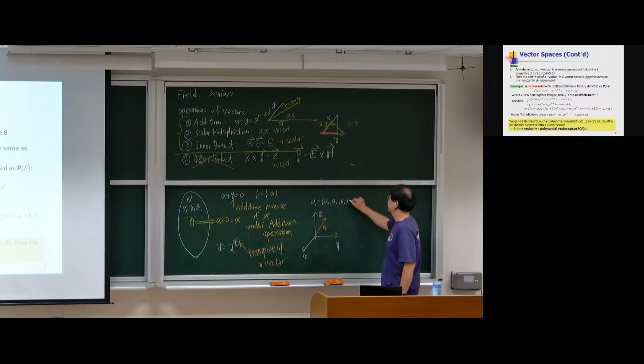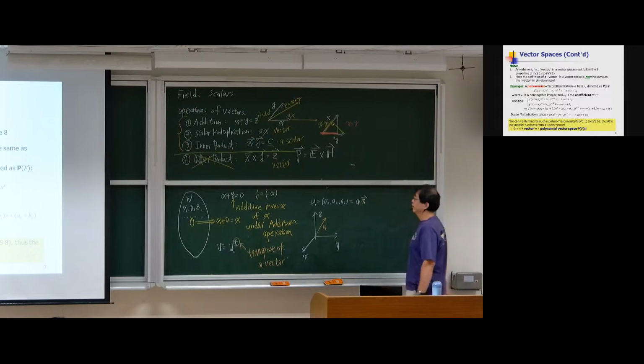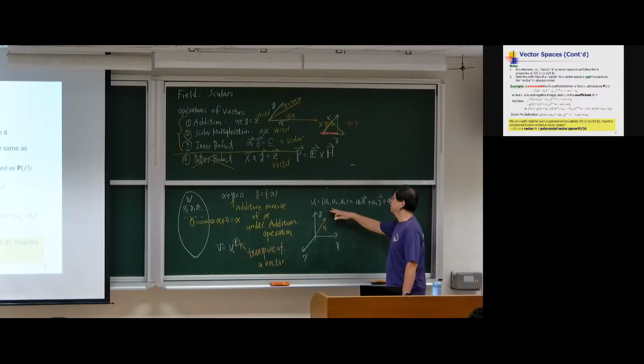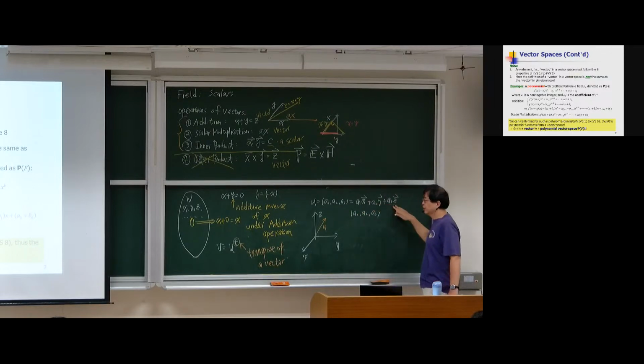From our high school math, we can write A1 times the unit vector of X, plus A2 times the unit vector of Y, plus A3 times the unit vector of Z. Then we can take the coefficients out of this expression and denote the vector by this row vector.